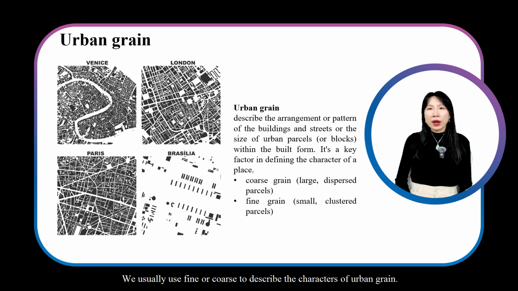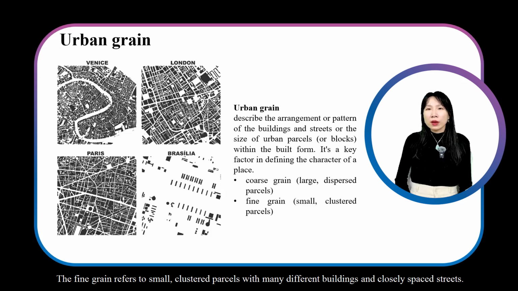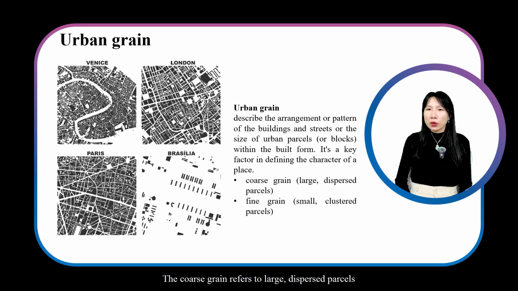We usually use fine or coarse to describe the character of urban grain. The fine grain refers to small clustered parcels with many different buildings and closely spaced streets. The coarse grain refers to large dispersed parcels with large blocks and buildings and little architectural variety.